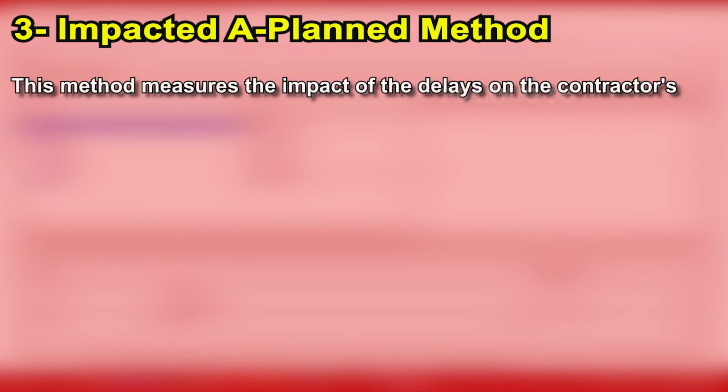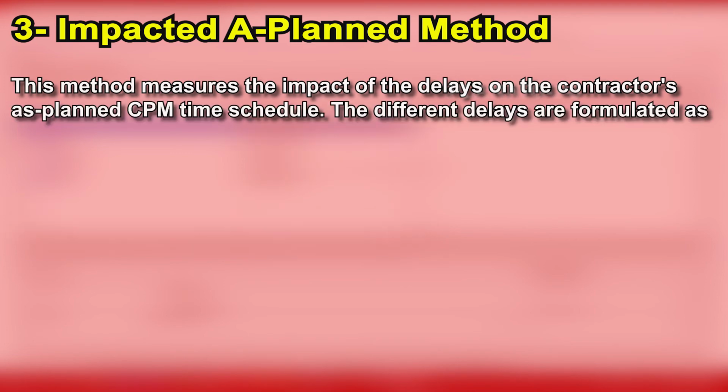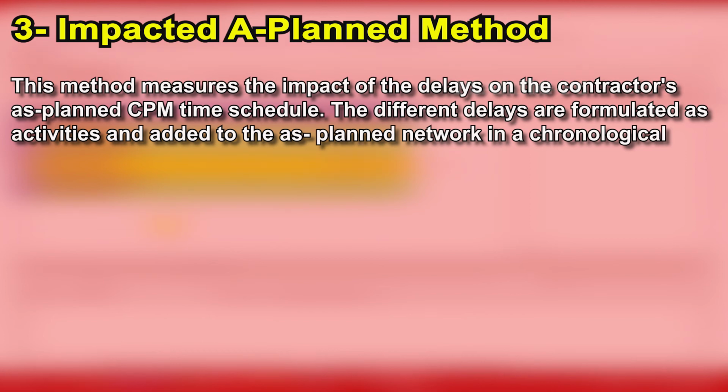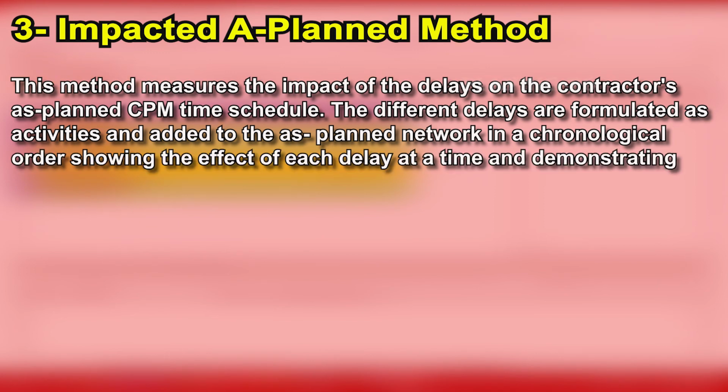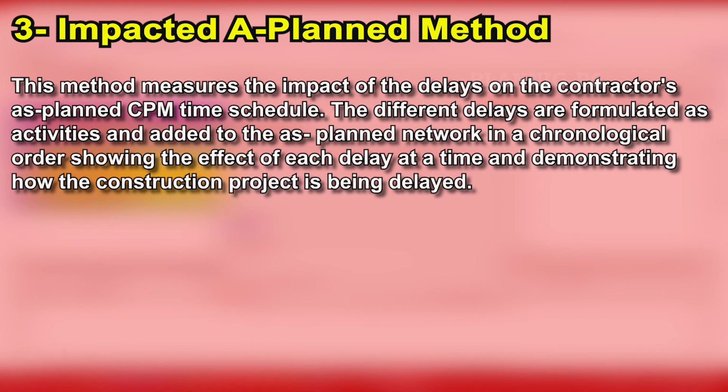Number 3, impacted as planned. This method measures the impact of delay on the contractor's as planned CPM time schedule. The different delays are formulated as activities and added to the as planned network in chronological order, showing the effect of each delay at a time and demonstrating how the project is being delayed.